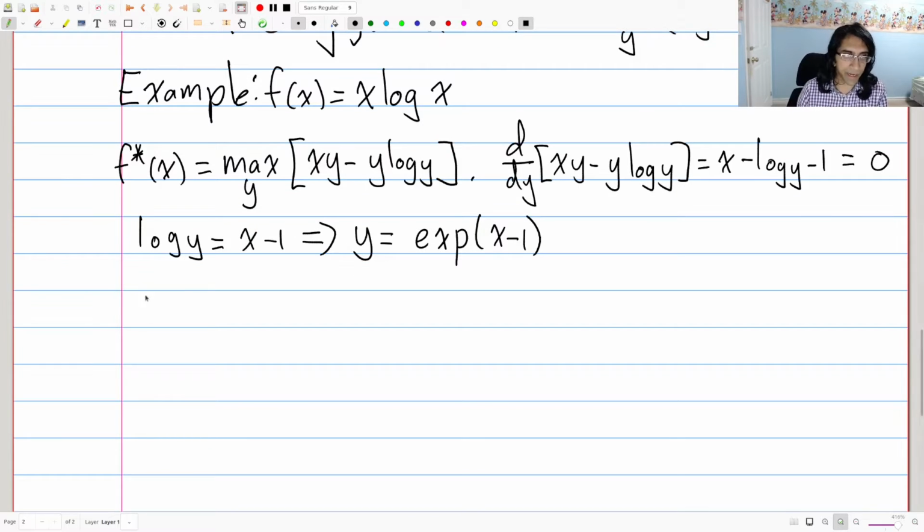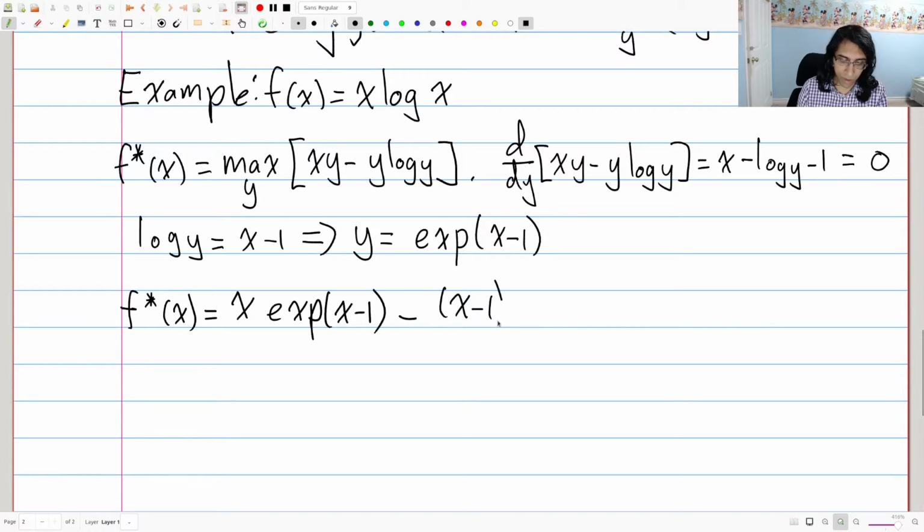So let's just plug it back in. And we get that f star of x is equal to x times exp of x minus 1 minus (x minus 1) exp of x minus 1.